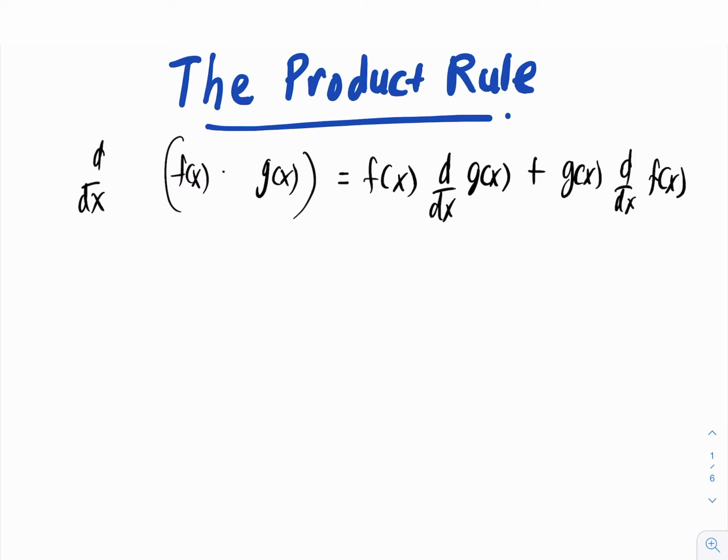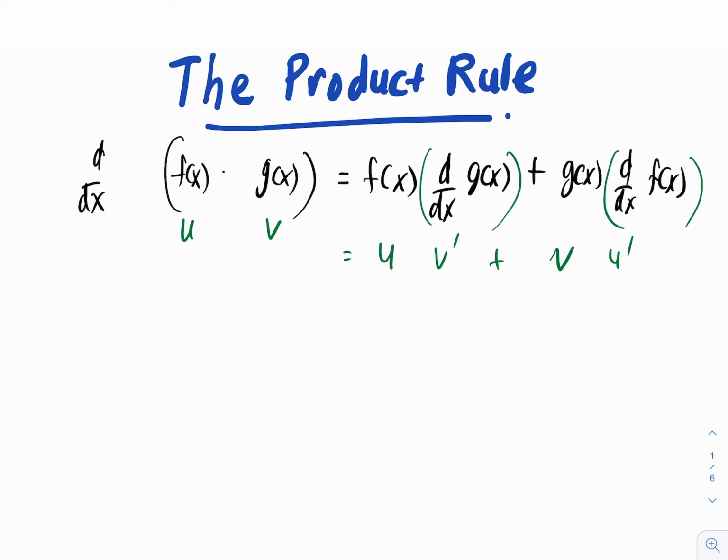To make it simpler, we can let f(x) be u and g(x) be v. So f is u, and if we differentiate g, we'll have v prime, plus g here is v, and if we differentiate f, we'll have u prime.